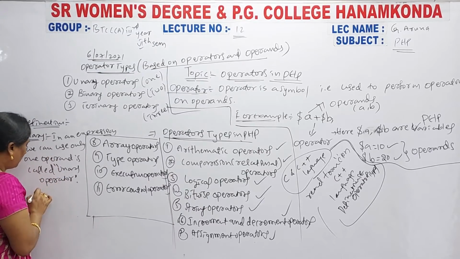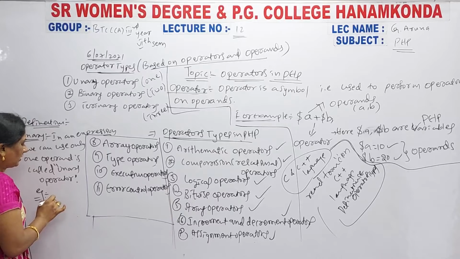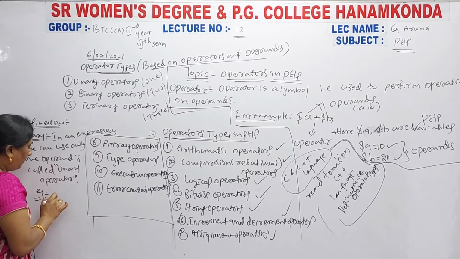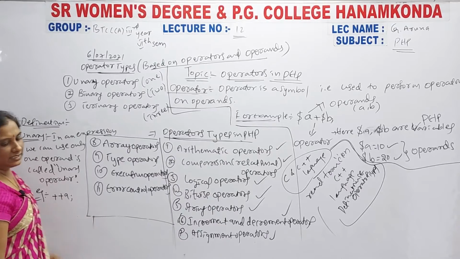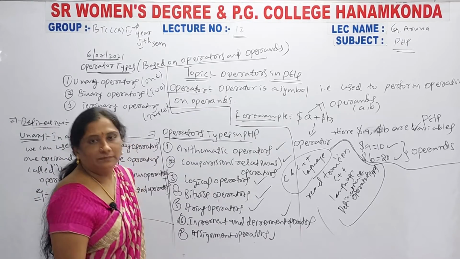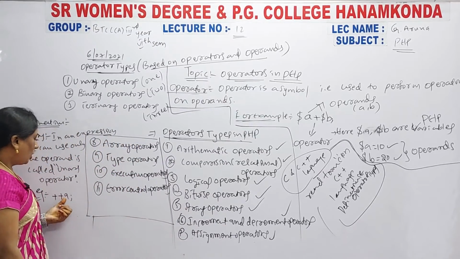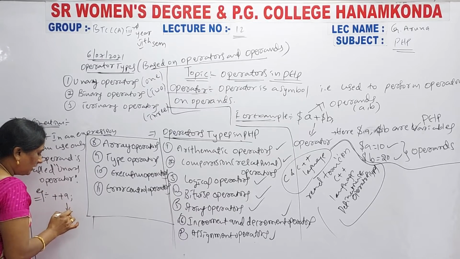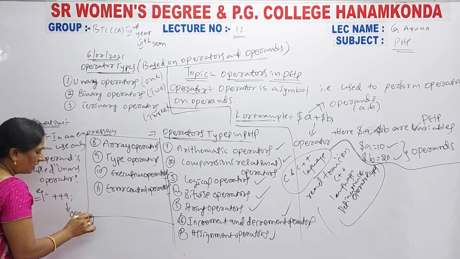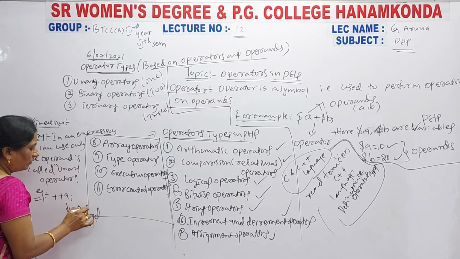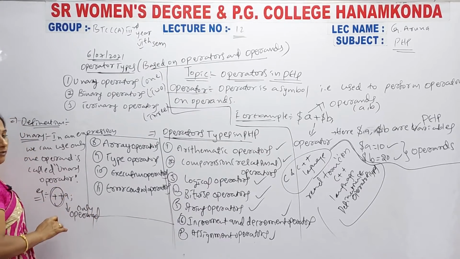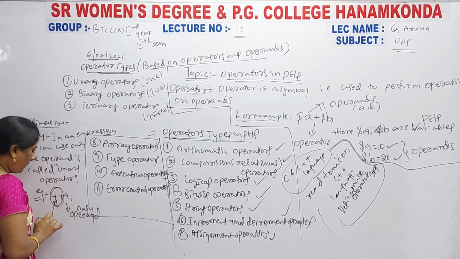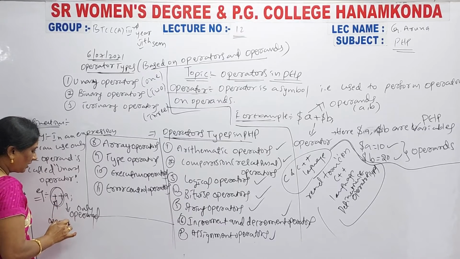So what is the example? For example, plus plus a. In that, how many operands can be used? Only one operand. And how many operators can be used?